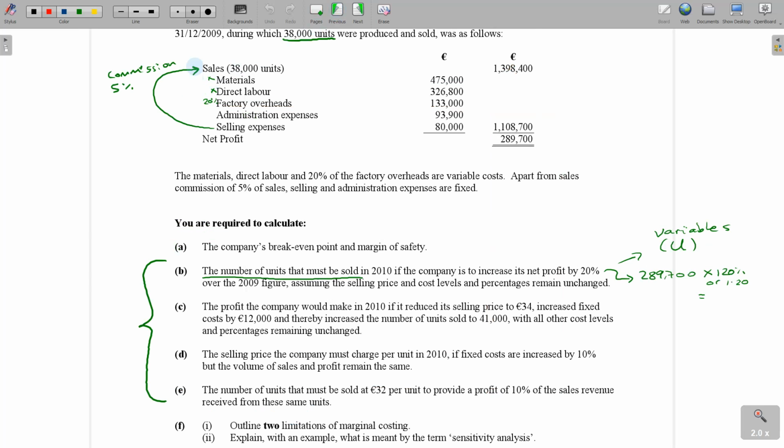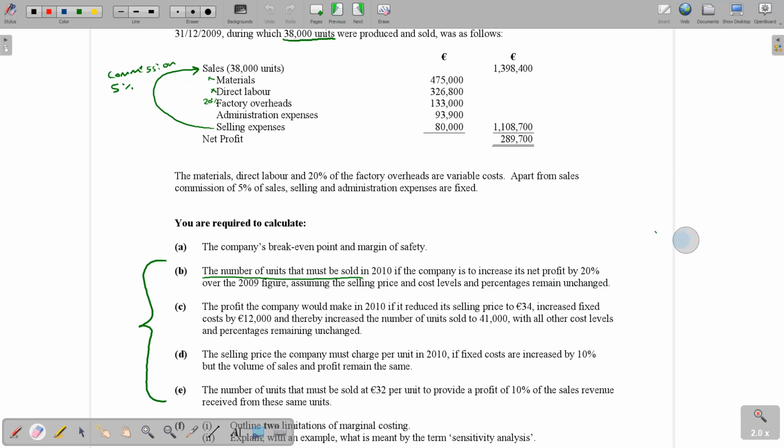So what is C? We are told the profit the company would make in 2010 if it reduced its selling price to 34, and increases its fixed cost by 12,000.